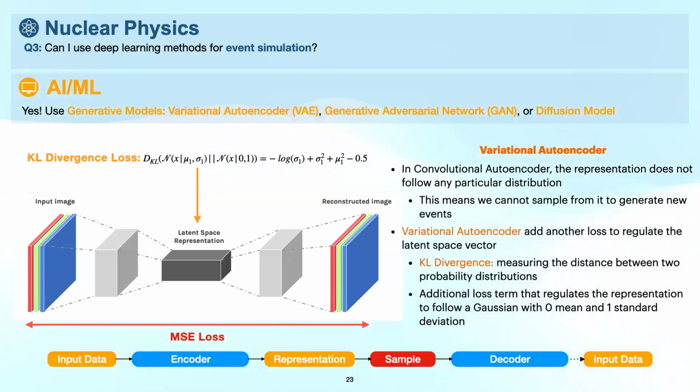The idea of this KL divergence loss is to make sure that our representation follows a multidimensional Gaussian distribution. Then we can sample from this distribution to get a new representation, and feed it into our decoder network to generate new data that we have not seen before. This is how we achieve a generative model by using an autoencoder plus this KL divergence loss.